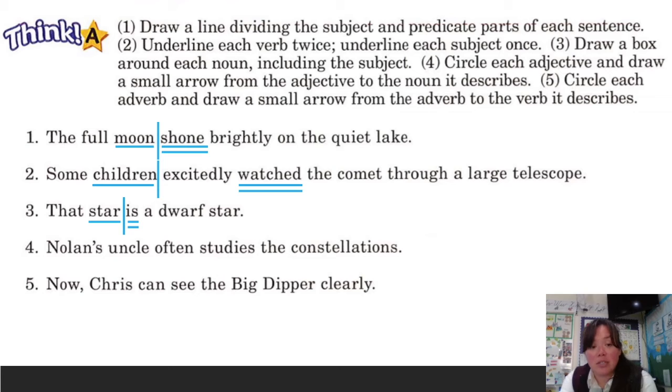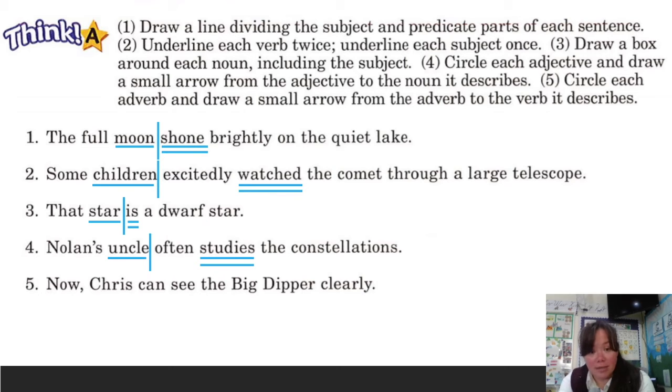So our subject is actually uncle. Nolan does not study it. His uncle does. So his uncle studies. Our verb is studies. He can't often something. Okay, that comes later.